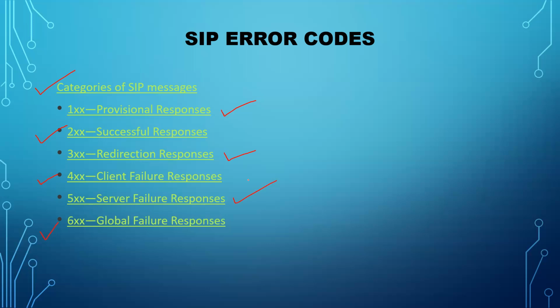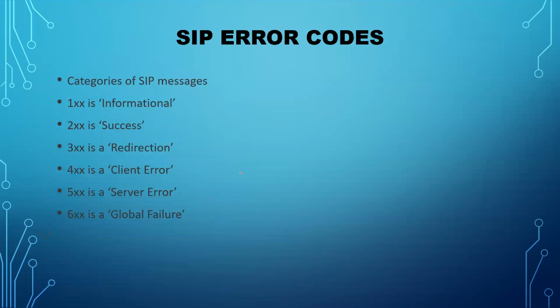With 4xx client failure, you will get something like 487 Request Terminated. There are so many messages in 4xx as well. 5xx is the server failure message you will get, and 6xx is global failure. So I'm going to discuss all the messages a little bit.